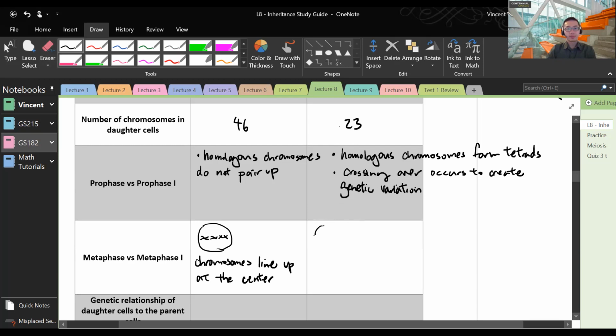Whereas for metaphase 1, the tetrads line up at the center. Center of the cell, right? Of course.